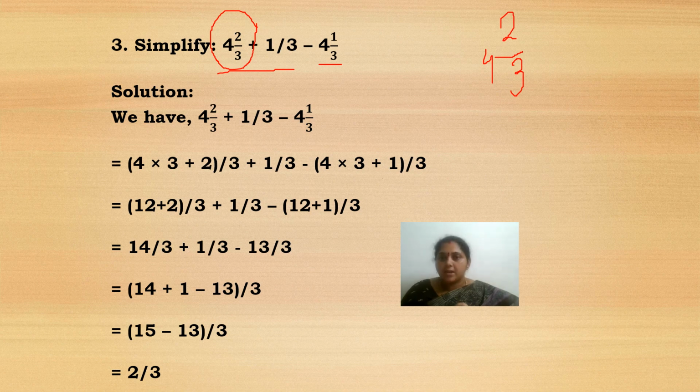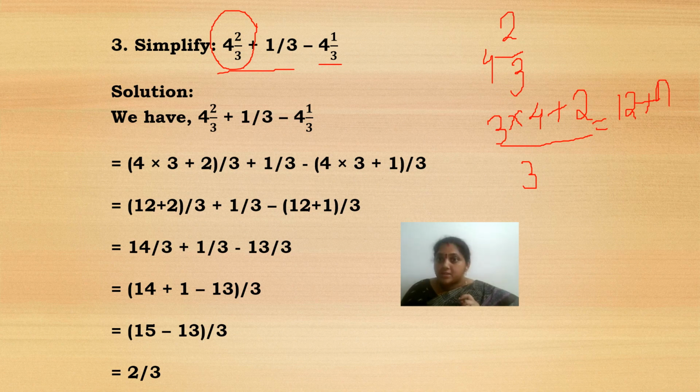Right? What is your denominator here? 3. With which I have to multiply the whole number. And with which do I have to add? With the numerator I have to add. That is 2. Now, divided by 3. What will be my answer here? 4 3s are 12. 12 plus 2.